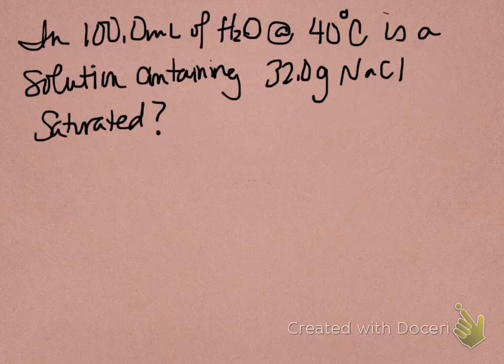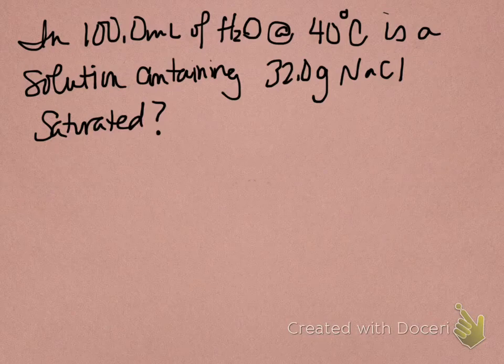Is 100 milliliters of water at 40 degrees Celsius containing 32 grams of sodium chloride saturated? There is something you have to do first here. Your chart is all given to you in what units of solvent? Grams. That's rotten.